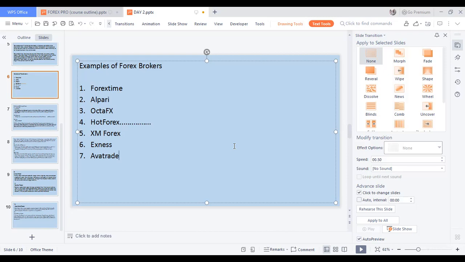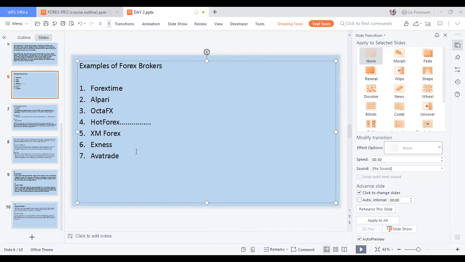I've never seen a reason to change my broking firm because they are so unique.